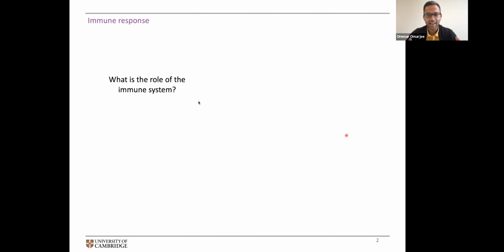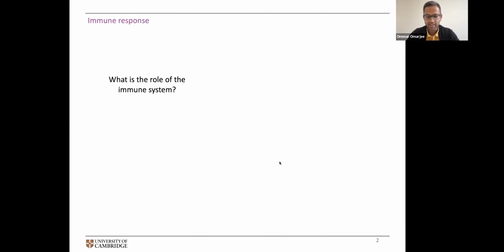I'll help you over here. Oh, great, we've got some answers. So, to protect the body and fight off disease. Very good. And it allows us to defend against pathogens.